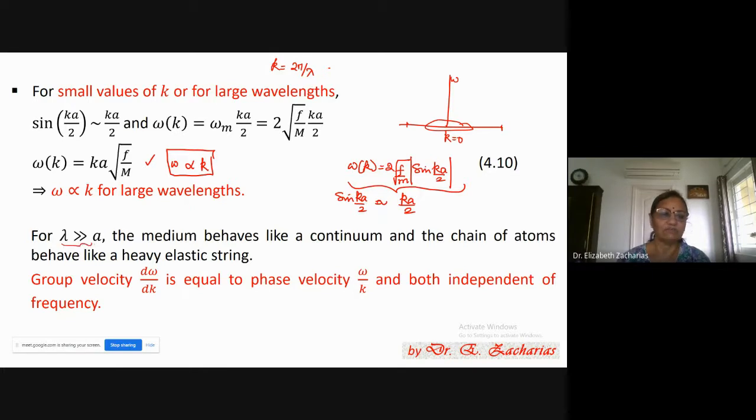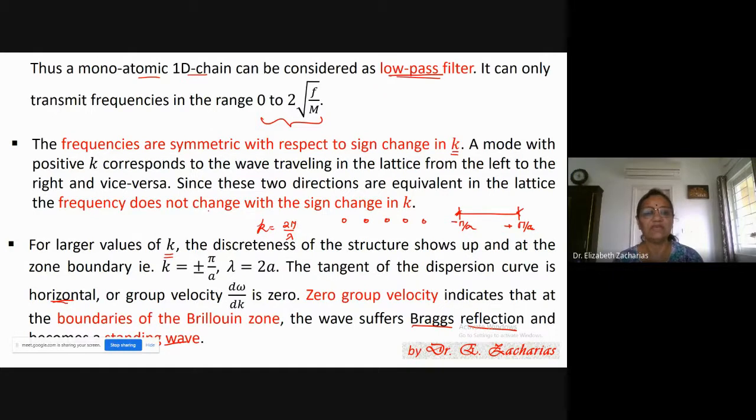Now you will find that for this condition, for large lambda, the medium behaves like a continuum. The chain of atoms behaves like a continuous medium. The wave will not be able to see these discrete atoms. Whereas in the previous discussion, we said that the discreteness of the structure is seen.